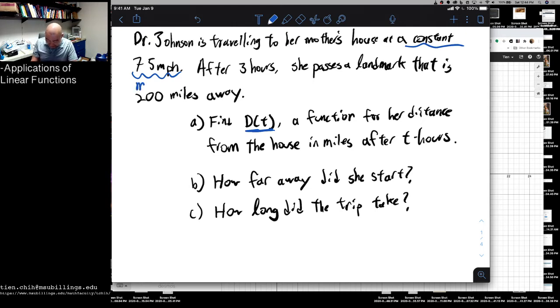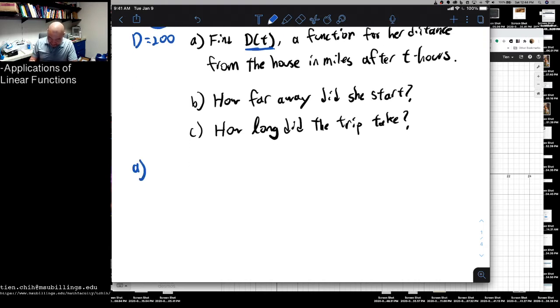So what we have is a slope of minus 75. And then what we know also is that when t is 3 hours, right? After 3 hours of travel, the distance is 200 miles.